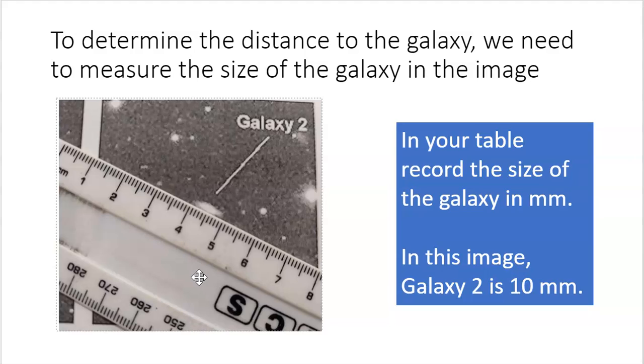So for all 9 galaxies, you just need to have the number of millimeters across the length parallel to the ruler. In the table, I've already populated galaxy 2 with 10 millimeters, and basically just go through the other 8 galaxies and measure those individually. There's a ruler being placed alongside each one, so you don't have to actually get a ruler itself.